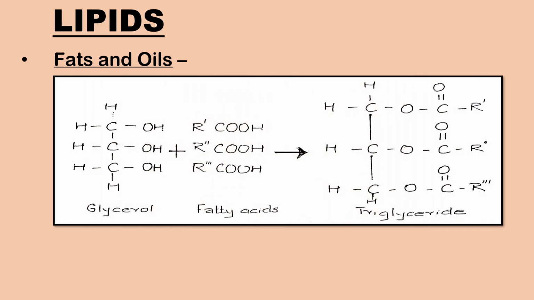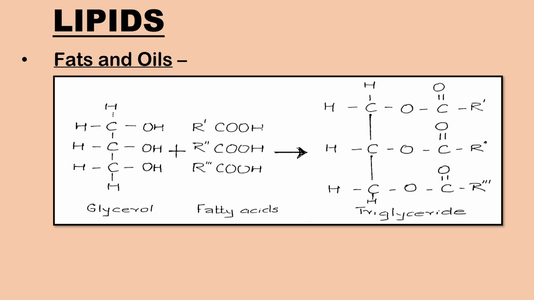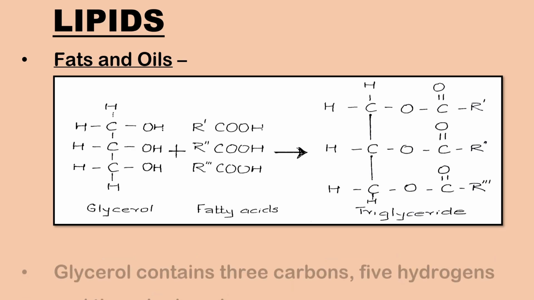Fats and oils are esters with long chain carboxylic acids and long alcohols. They are called triglyceride because they are esters composed of 3 fatty acid units joined to glycerol.